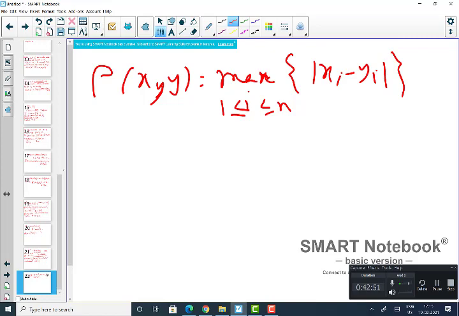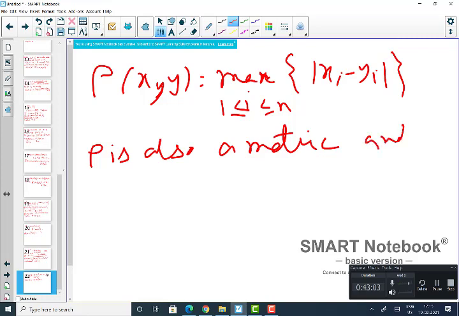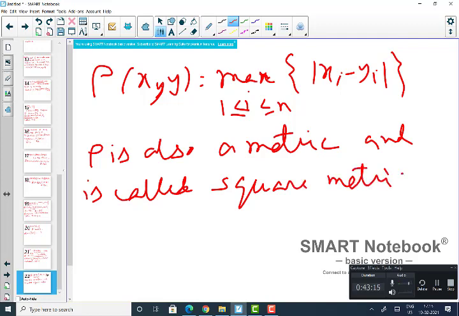So you check that rho is also a metric, and it is called the square metric on R^n.